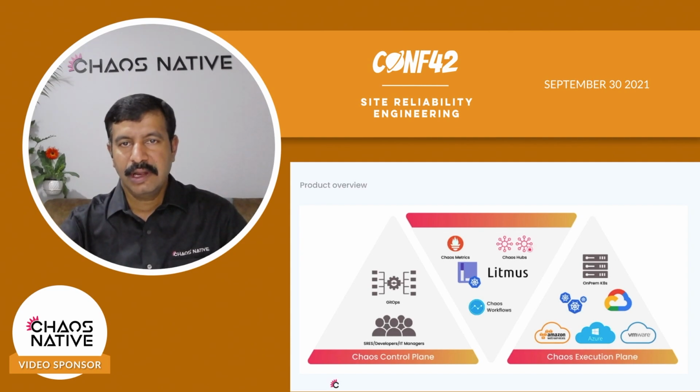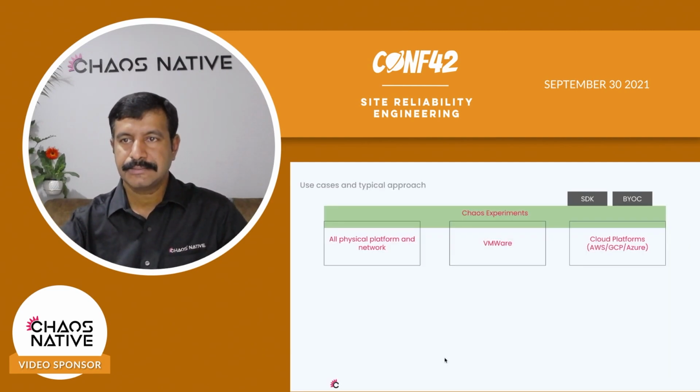And you end up designing, implementing a chaos workflow, and it can be targeted against various types of resources, including cloud platforms, bare metal, or VMware resources, apart from Kubernetes itself.